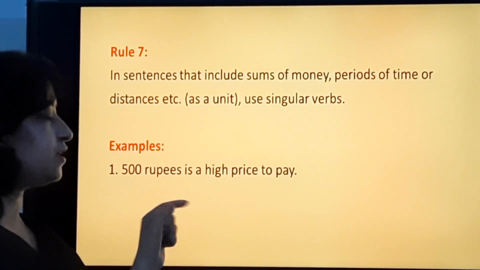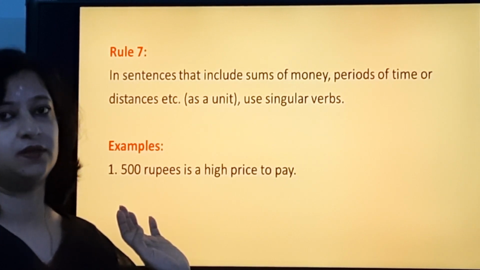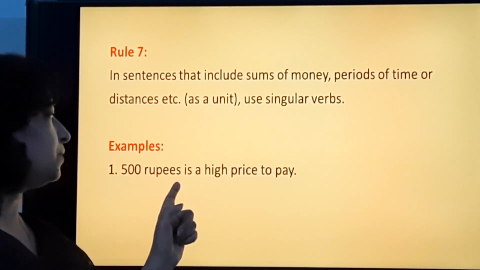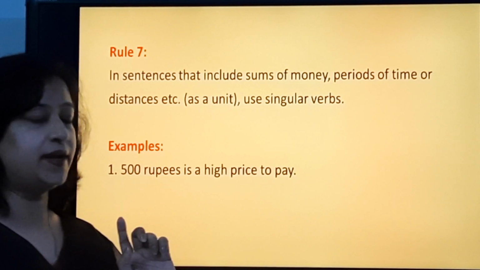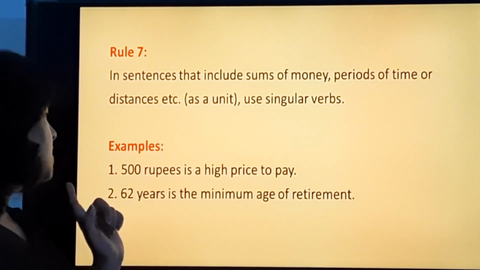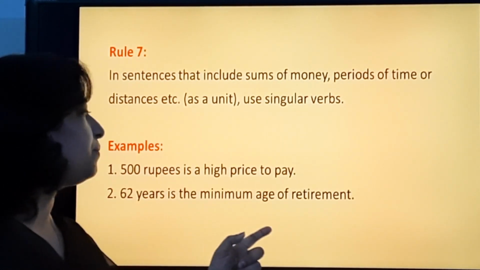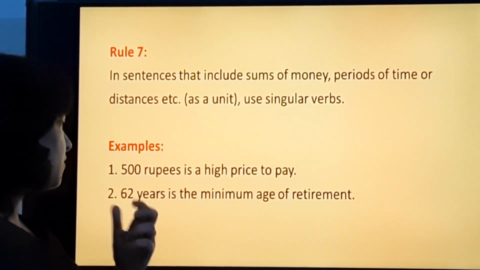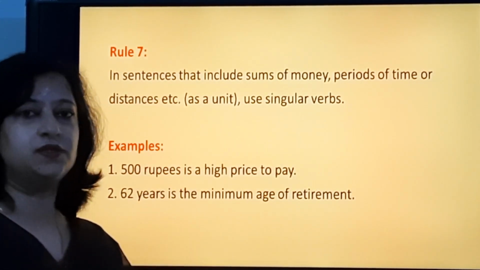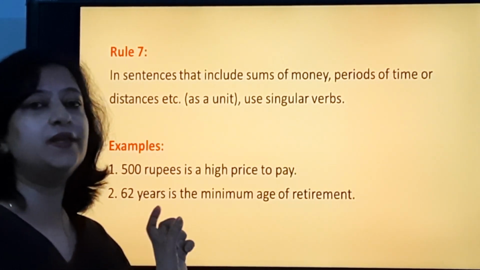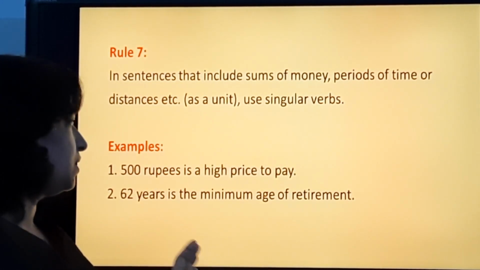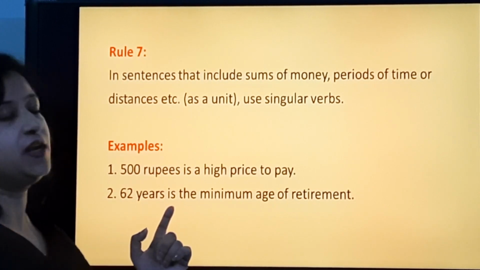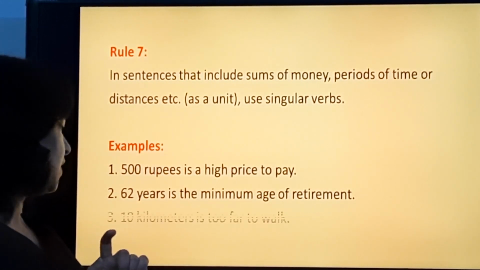So we'll take it to be a singular subject, and accordingly we'll use the verb "is". Alright. Next, 62 years is the minimum age of retirement. We are not talking about the years, we are talking about only the age. 62 years is the age of retirement. Accordingly we have used "is".